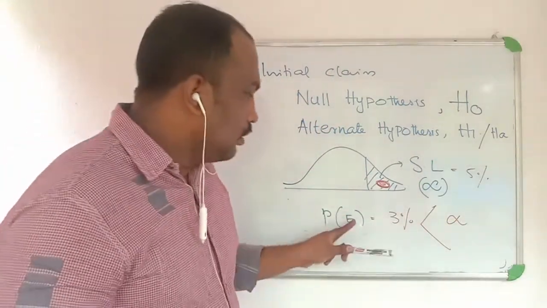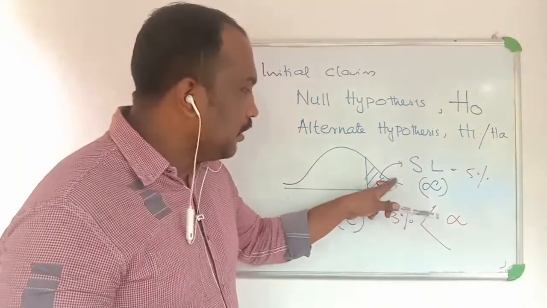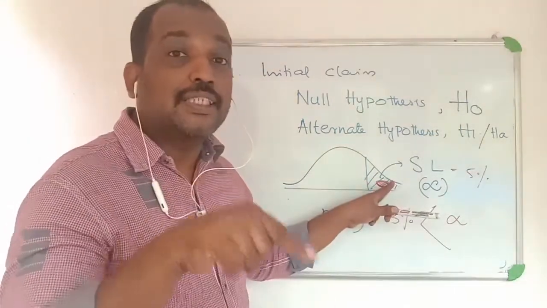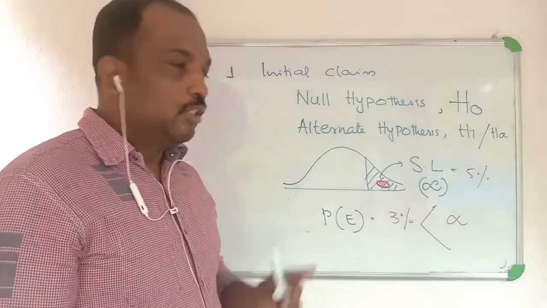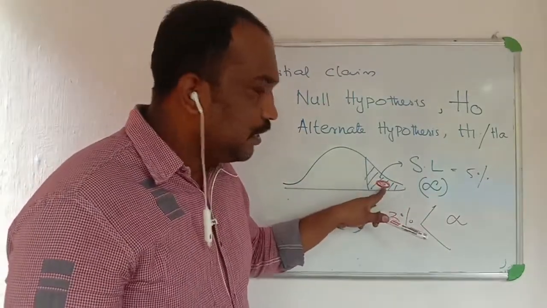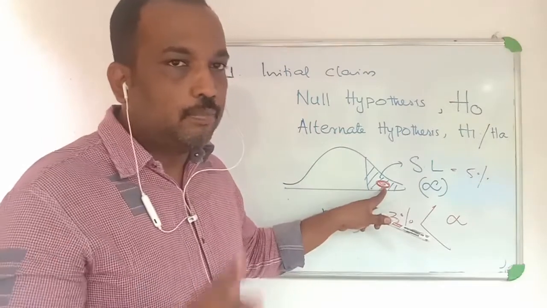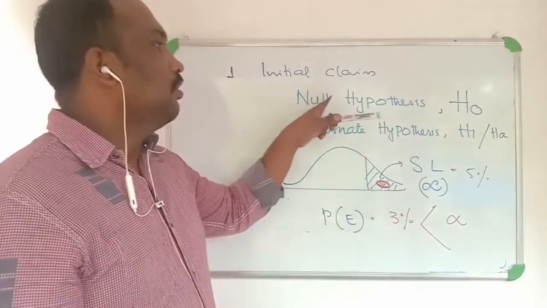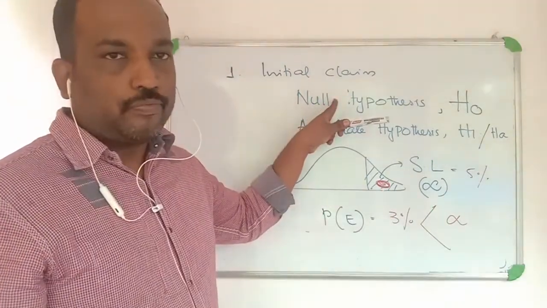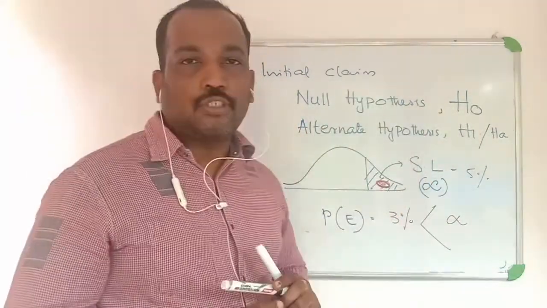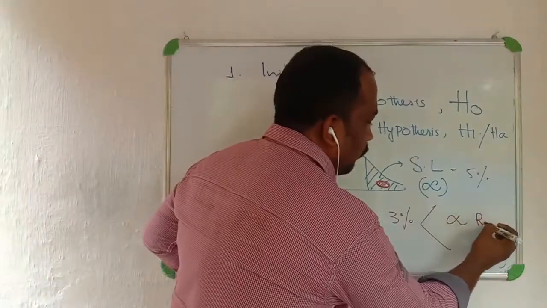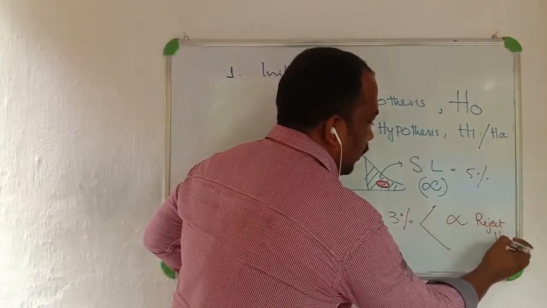That means the probability lies completely in the significance level, which is also the rejecting region. So you have to reject H0, you have to reject the claim. So in this case, reject H0.